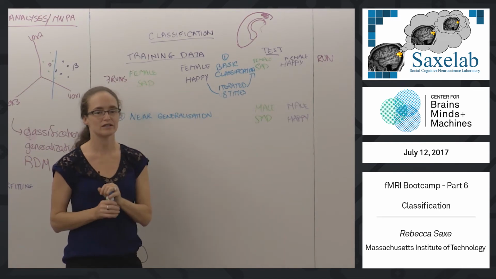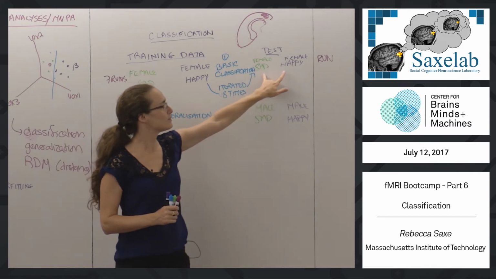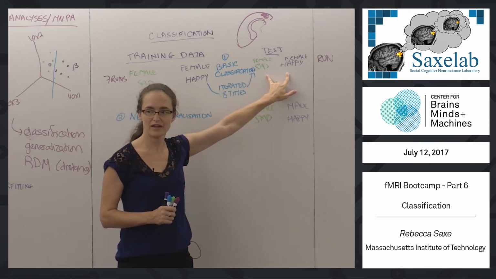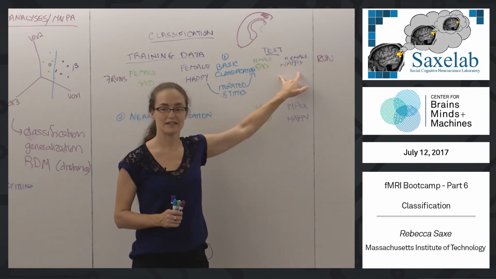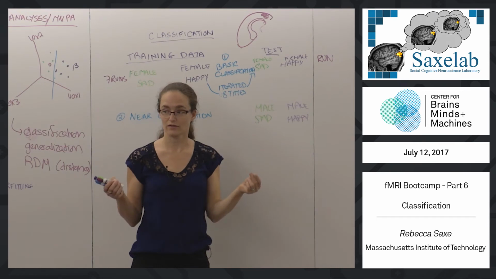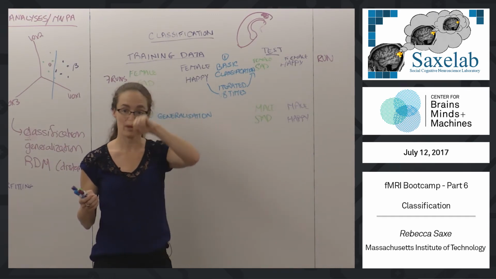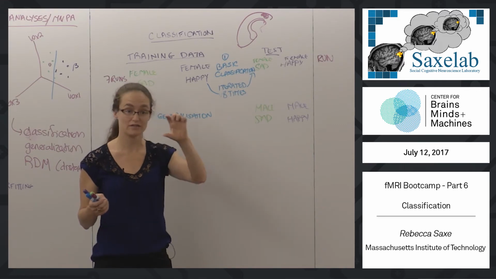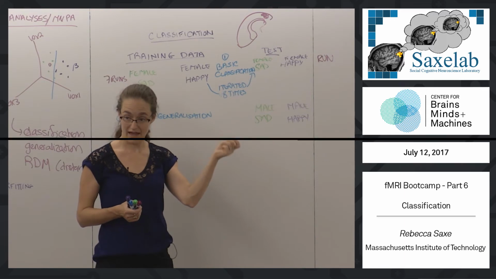One question somebody asked me is, here I said we can test on the beta values for the whole run. Another option is to test on single trials, right? Instead of taking one beta value for the whole run and having two things that you classify, you could try to estimate the response to each individual trial at test and try to classify that.